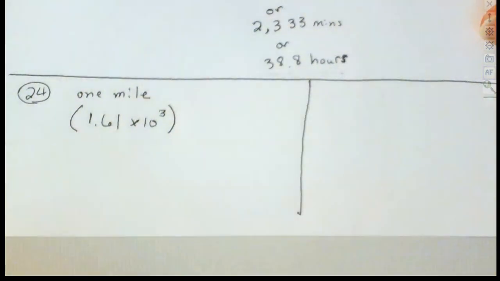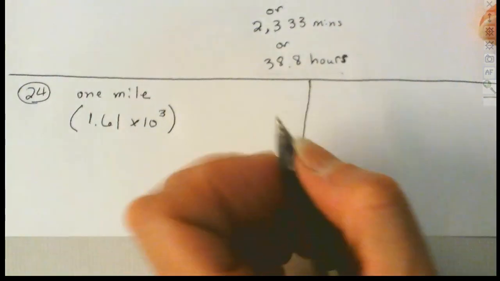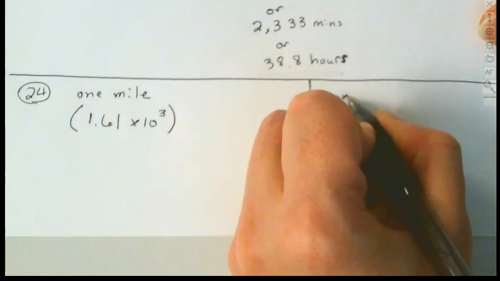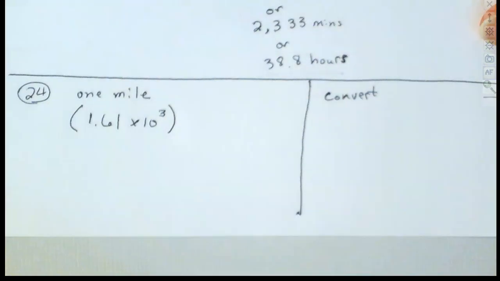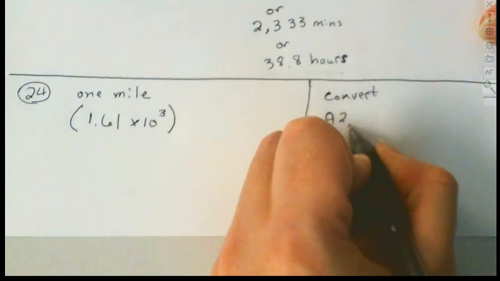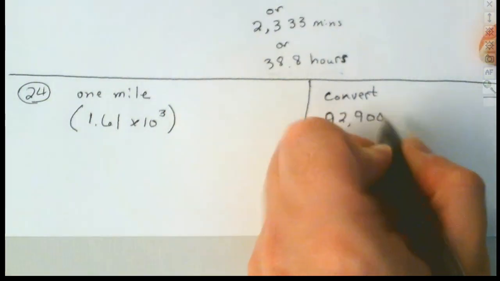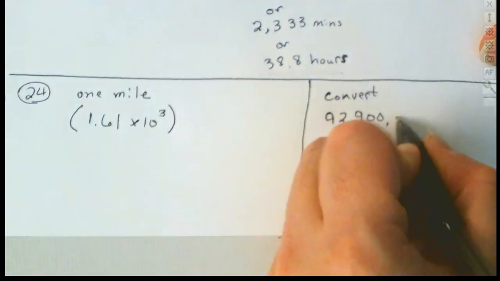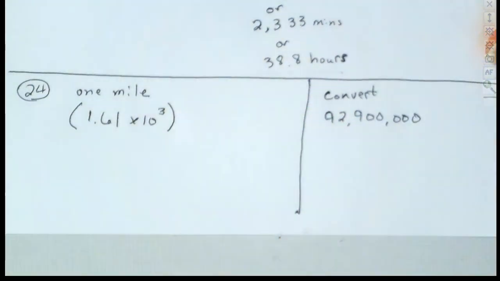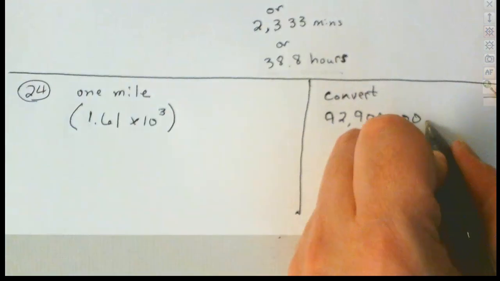I'm going to go ahead and convert it. So when we look at this, I'm going to go ahead and convert this over to scientific notation. So this is the distance to the sun in terms of miles. And we can either convert it now or convert it later. We'll go ahead and convert it now.